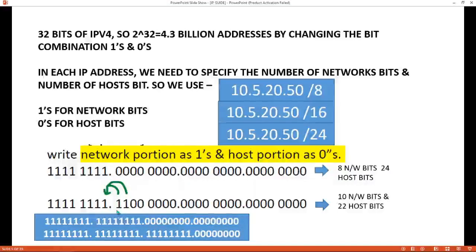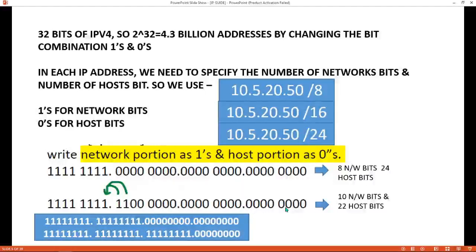Here it has been turned into ones from zeros. Previously it was zeros and now it is ones. By doing this, you can figure out that /8 will become /10 now. Why? Your first 10 bits are representing the network portion now, and the remaining are representing the host portion.